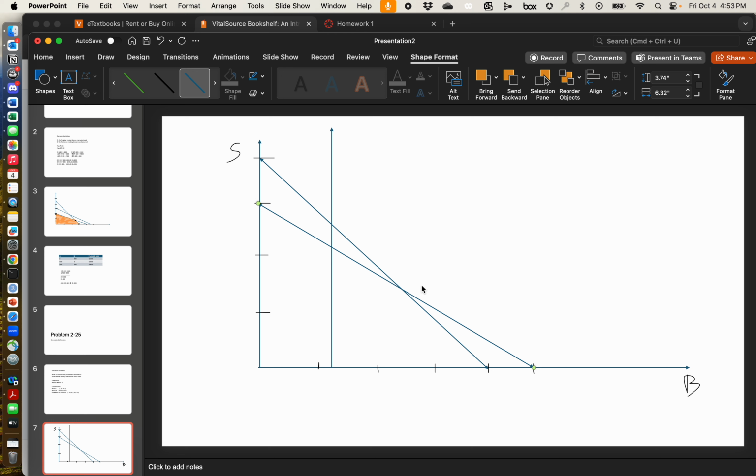So it's everything away from this straight line, and on the line.